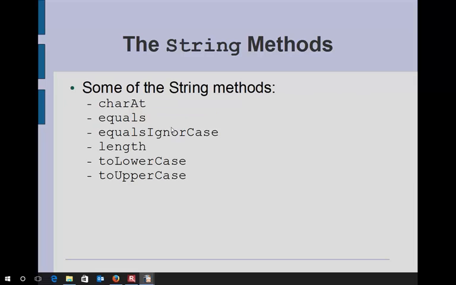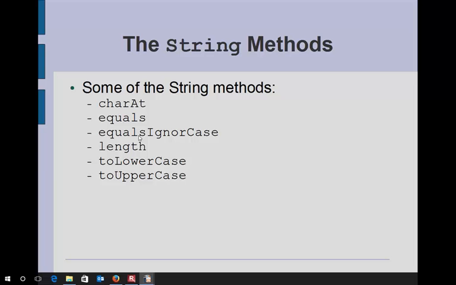It has many different methods that we can use, but here are the ones I'm going to talk about: charAt, length, toLowerCase, and toUpperCase. I'm not going to talk about equals and equalsIgnoreCase. These are the methods which I use to check for the equality of strings, but I will talk about them in the next tutorial, in which I will cover using the if statement in Java.